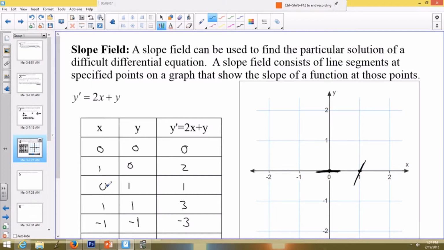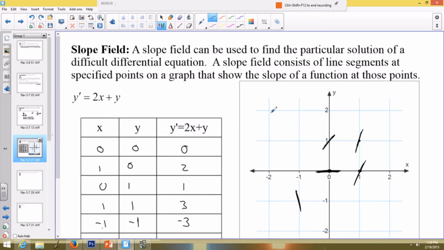Okay, and then at 0, 1, I have a slope of 1, so I'm just going to draw one little line segment that has that. At 1, 1, I have a slope of 3, so I'm going to try to draw it a little steeper than this one. And then my last one on my table, -1, -1, has a slope of -3, so I'm trying to draw the same steepness, except negatively.